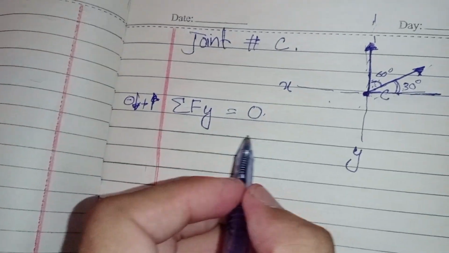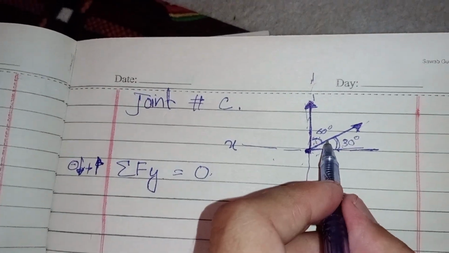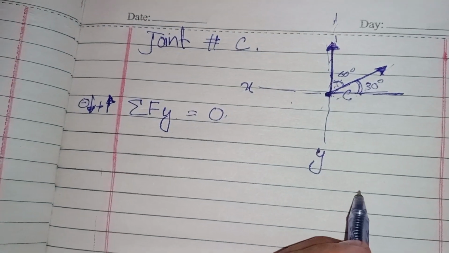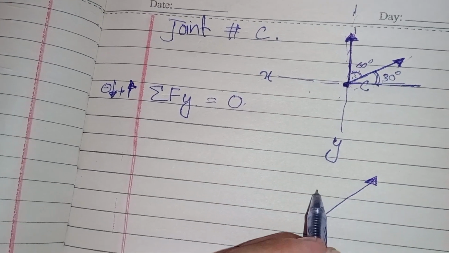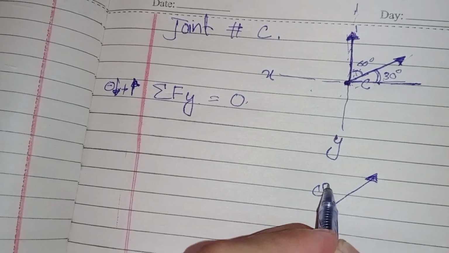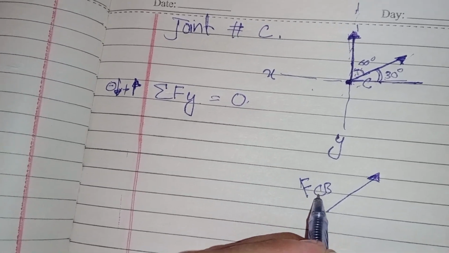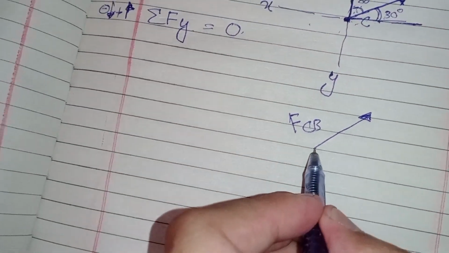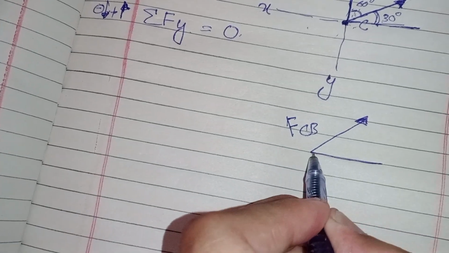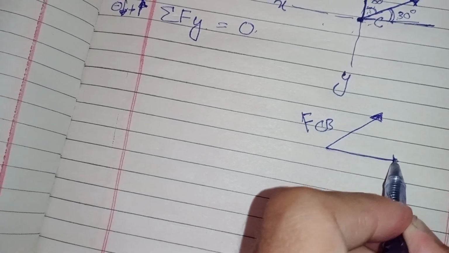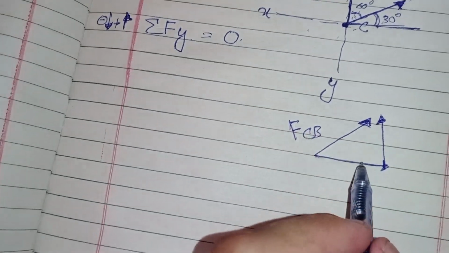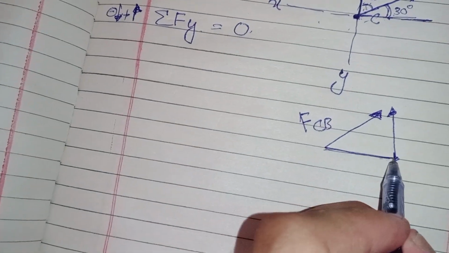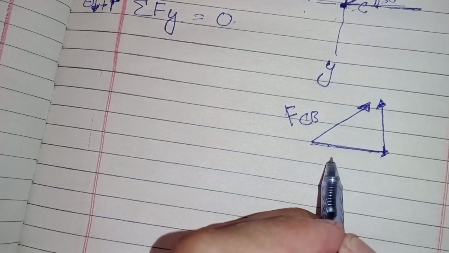Now I resolve it into its components. This is my resultant force CB. So I resolve it into a horizontal component and also a vertical component.